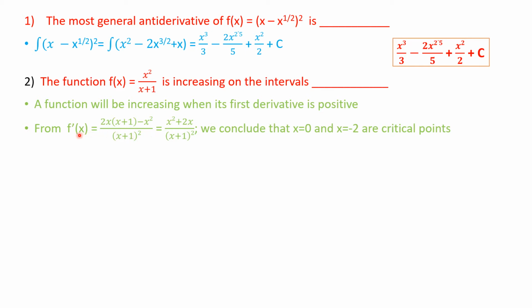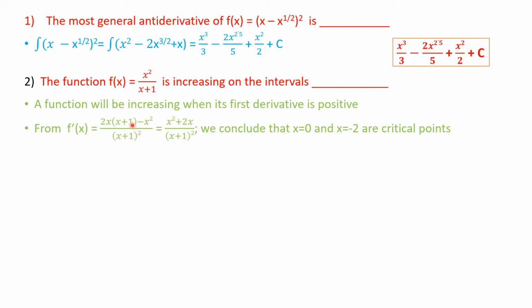So we will take the first derivative of the function, and since this is a rational function, we will use the quotient rule: the denominator multiplied by the derivative of the numerator, which gives us 2x multiplied by x plus 1, minus the numerator multiplied by the derivative of the denominator. That gives us minus x squared, because the derivative of the denominator is equal to 1, divided by the denominator squared, which is (x plus 1) squared.